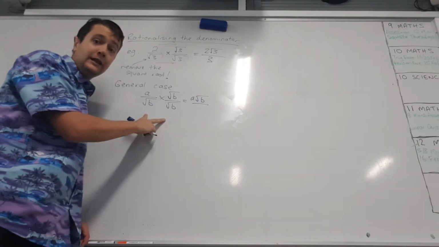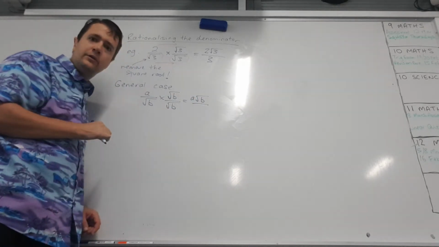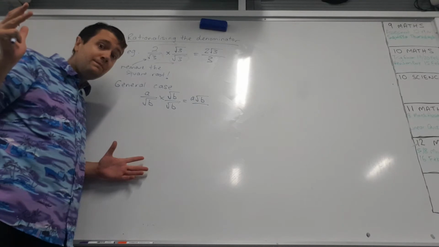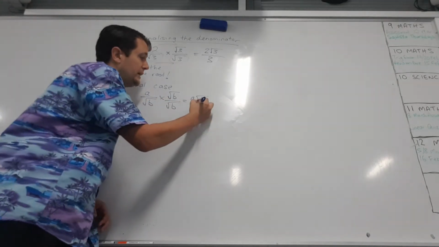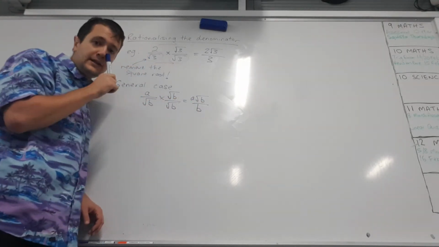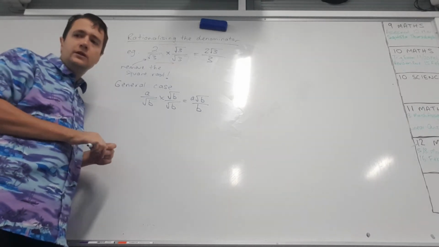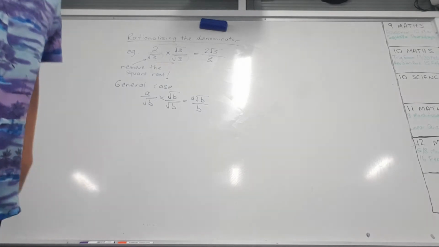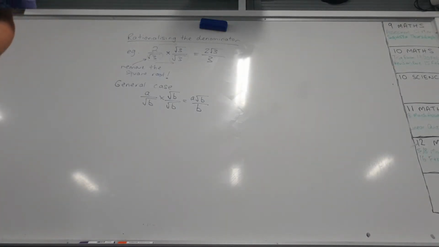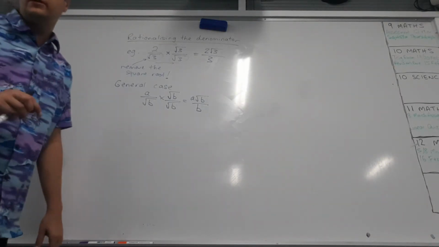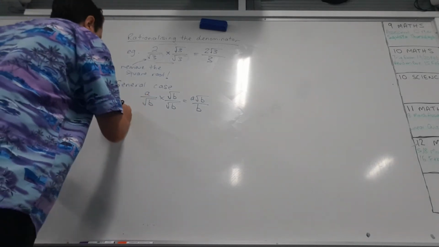And you tell me, what am I going to get on the bottom when I do the square root of b times the square root of b? No matter what b is, the square root of b times the square root of b is b. That's essentially the whole process of rationalising the denominator on a general basis. But I'll probably do a couple of weirder examples.